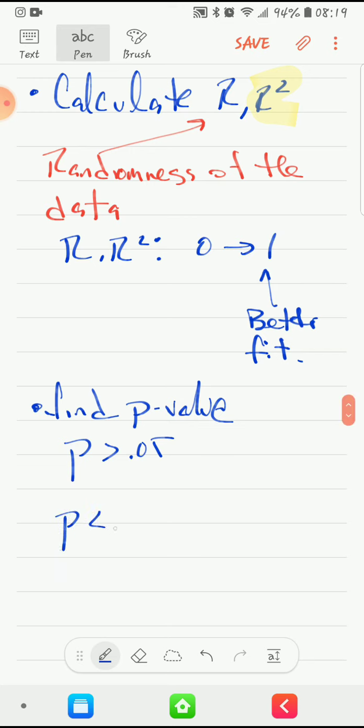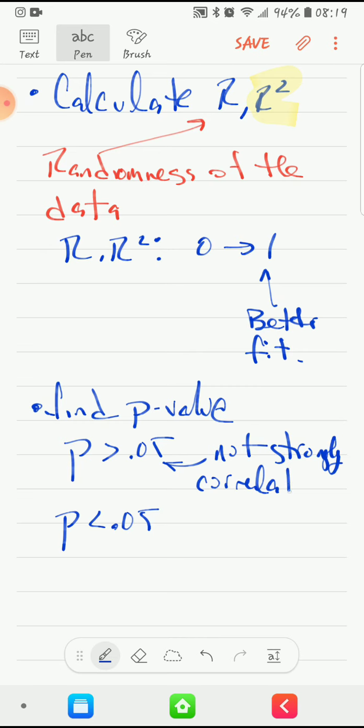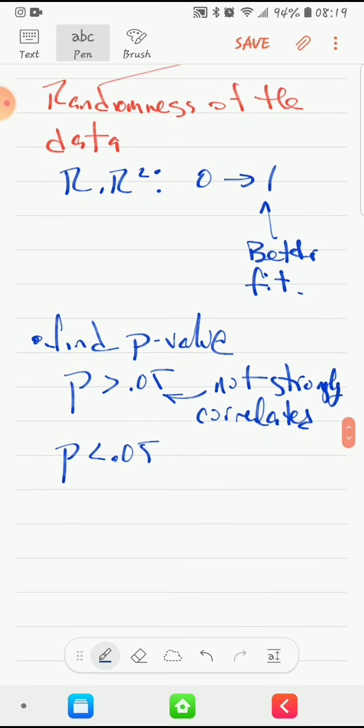So if your p-value is bigger than 5%, they're not strongly correlated. If your p-value is smaller than 0.05, then they are strongly correlated, which means that they are influencing each other. A strong correlation.